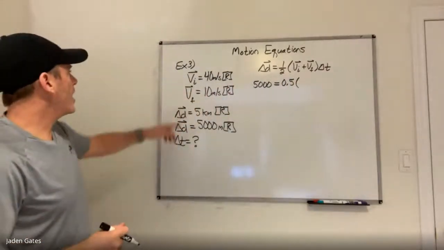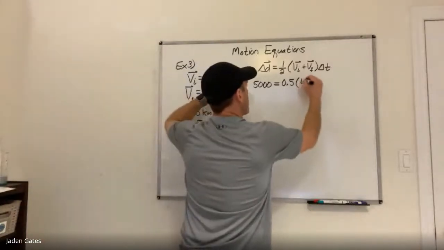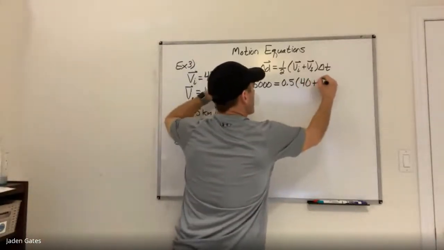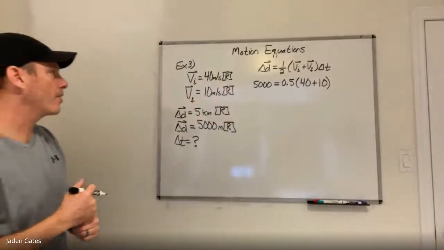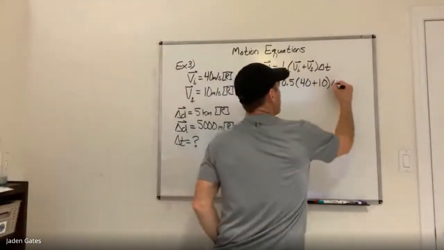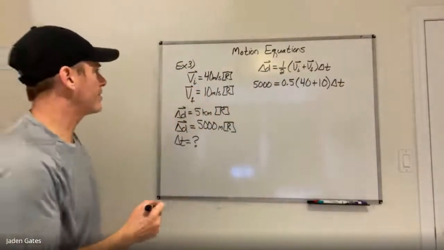All right, vi is 40 meters per second right, so it's going to be a positive 40, just like our final velocity is 10 to the right, so I'll put a positive 10 there, and then I have my delta t.